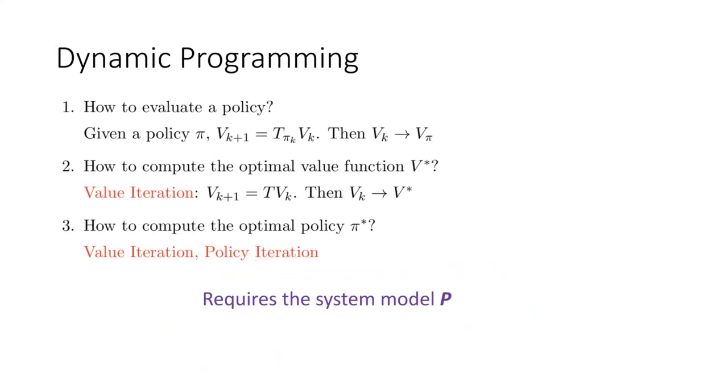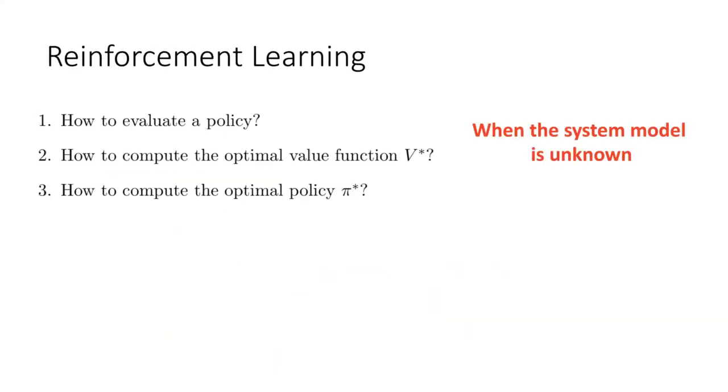Okay, so what is our goal? We want to come up with a solution for the same questions. We want to evaluate the policy. We want to compute the optimal value function, and we want to compute the optimal policy. But we don't have a computation model now, because we don't know the system.